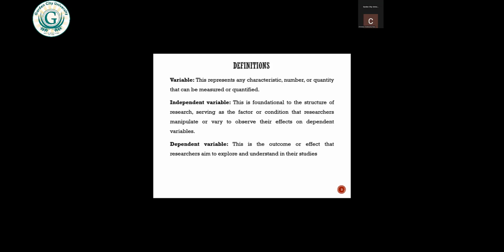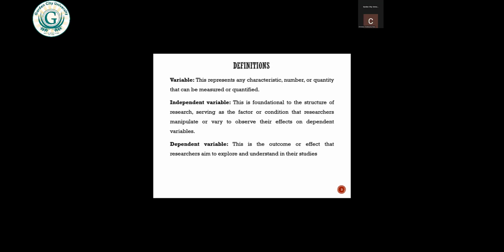So a variable is a quantity that you can measure or quantify. We have two types: the dependent variable and the independent variable. The dependent variable looks at the final outcome you are aiming to study.